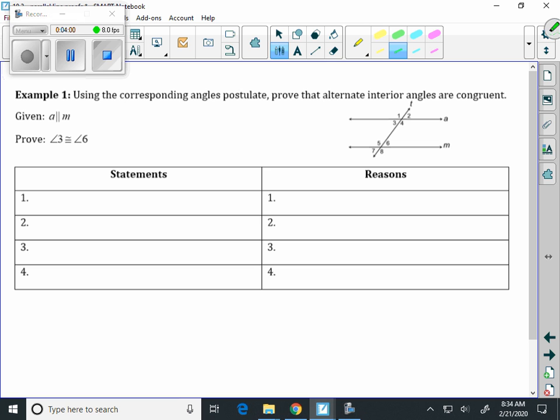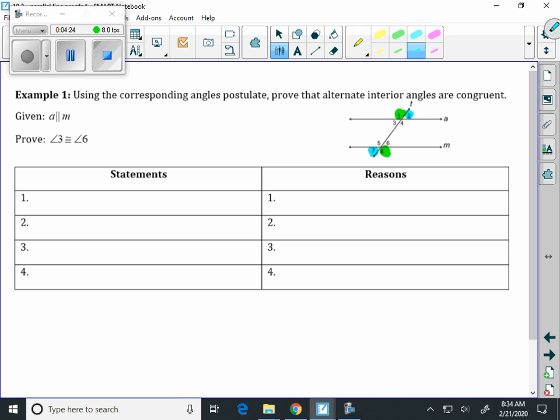So in this particular case, 1 is above the parallel line, and 8 is below. They're outside of the parallel lines, and they're on opposite sides of the transversal. It also works if we do angle 2 and angle 7. They're outside of the parallel lines, and they're on opposite sides.